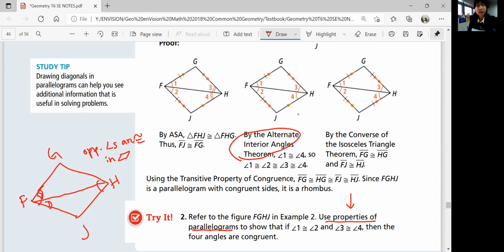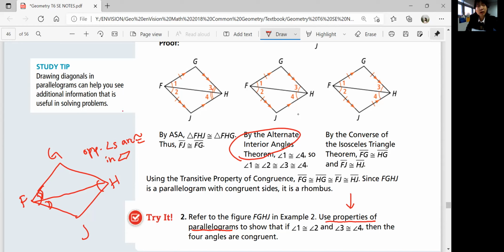And 2 times angle 3 is this angle. And 2 times angle 1 is also this angle. And since the angles are the same, right?